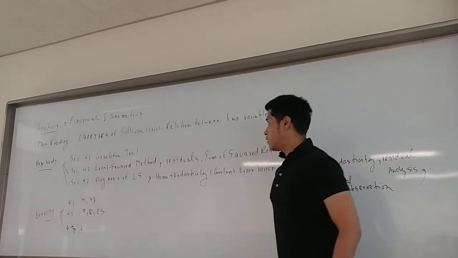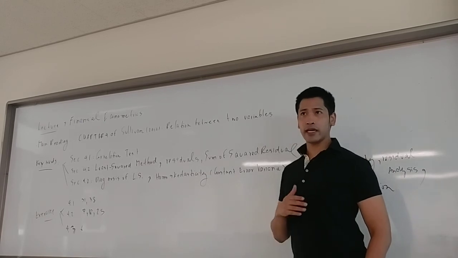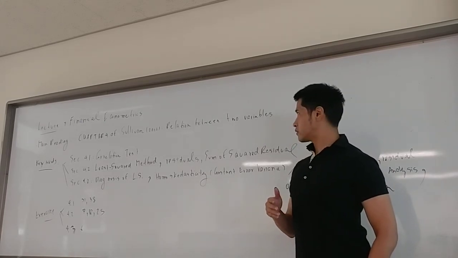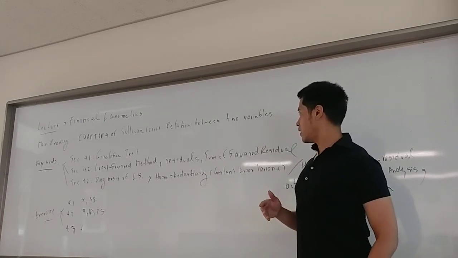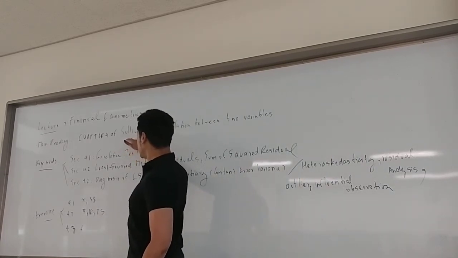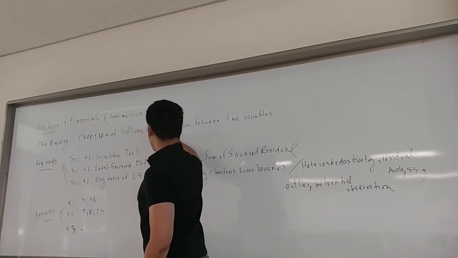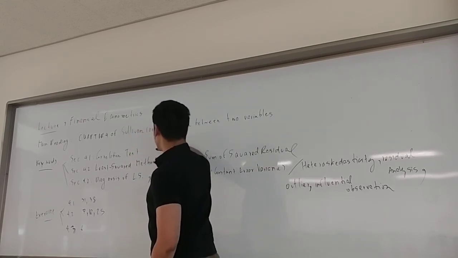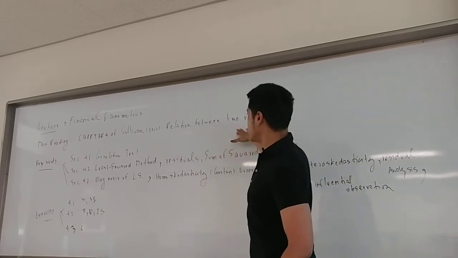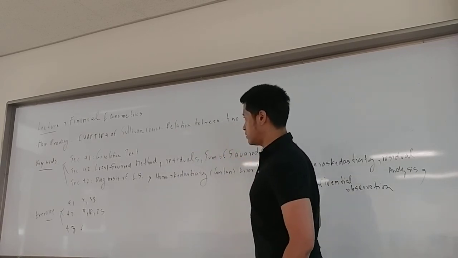First things first, the plan for this lecture is as follows. We are going to take a look at the main reading that we used in the previous class, which is Chapter 4 of Sullivan 2012, relation between two variables. Then the keywords are as follows.